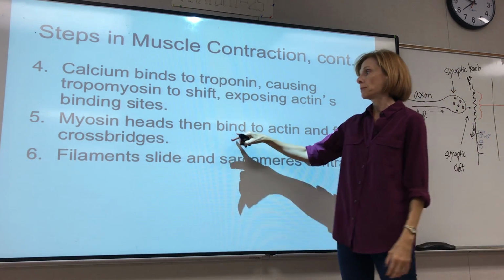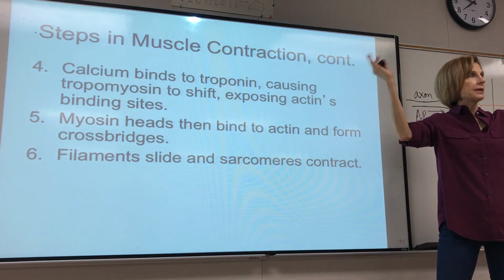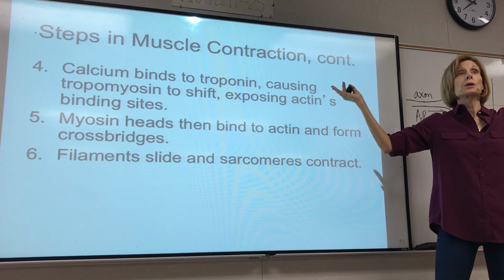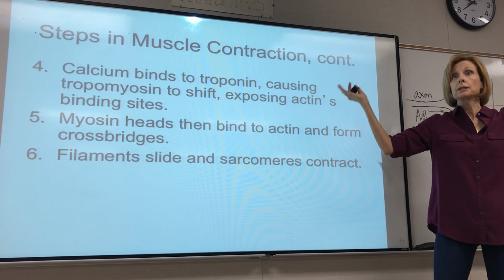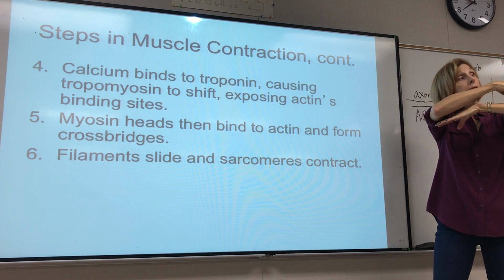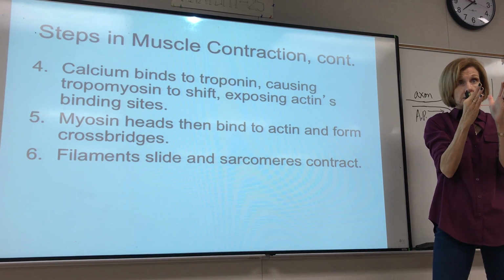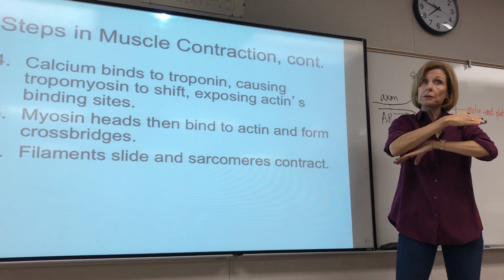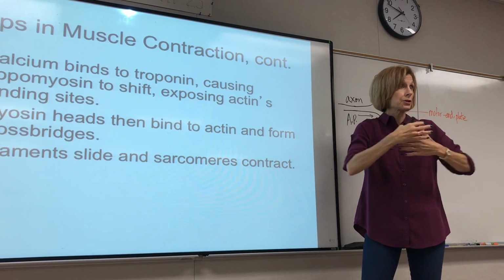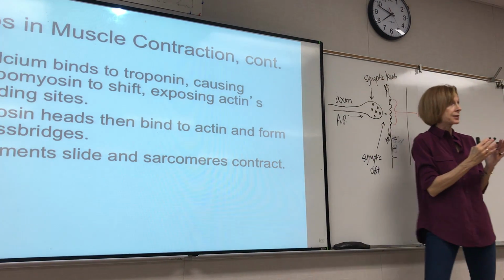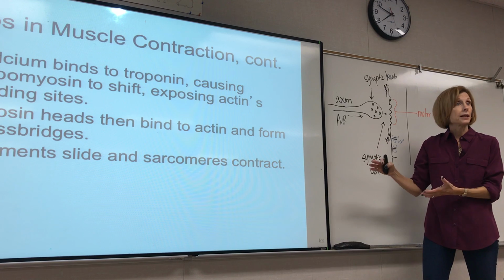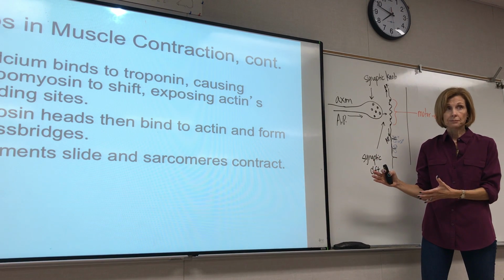The myosin heads are just kind of waiting for those binding sites to be exposed. So the myosin heads bind to actin, and they have that swiveling motion. So as the myosin and actin bind, it pulls the thin filaments toward the center of the sarcomere, so the sarcomere shortens. Okay, so that sliding of the filaments is what contraction actually is. That's what causes contraction. So this really is not that many steps.